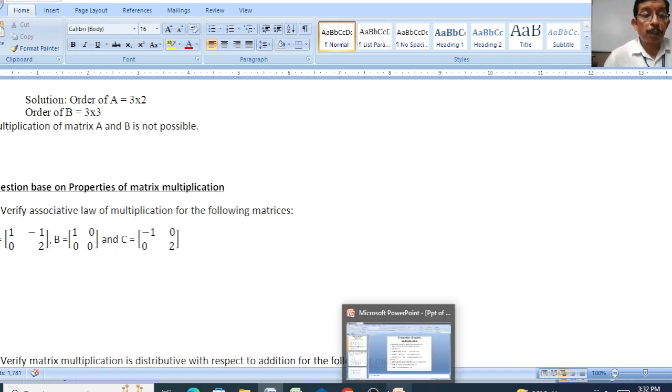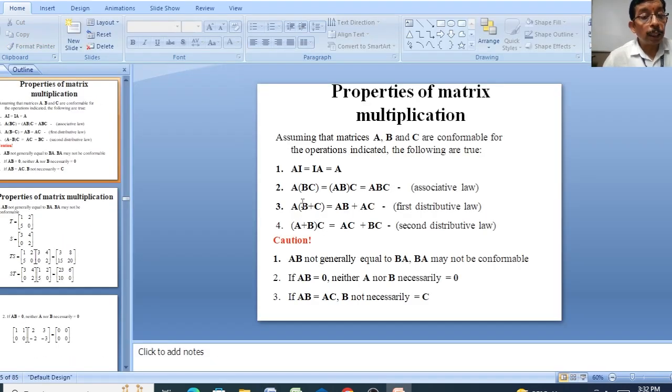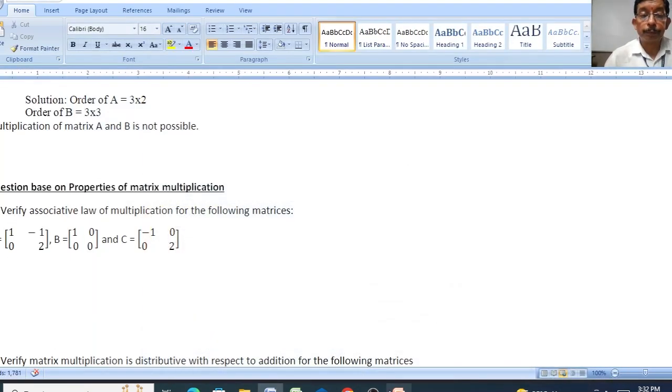The associative law of multiplication is A multiplied by BC equals AB multiplied by C. First we note down the associative law of multiplication and prove it.